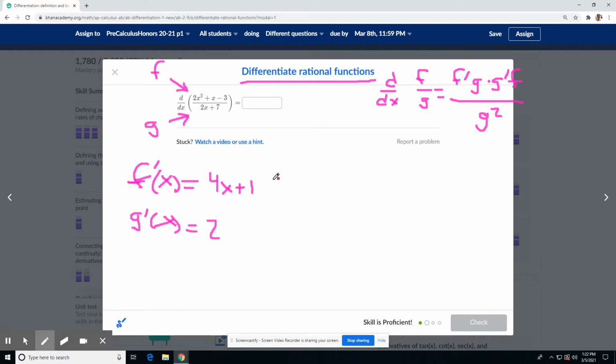Okay, so now we just put all of this into this formula. So that implies derivative of the top is 4x plus 1. We need parentheses.